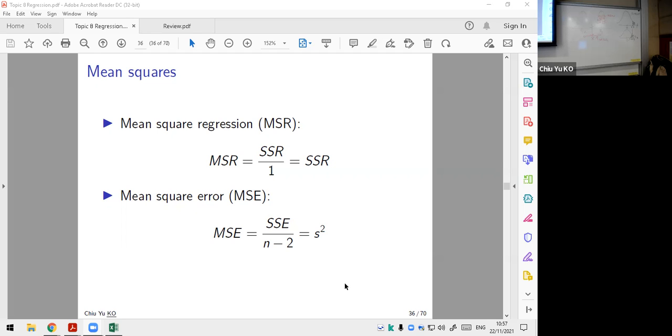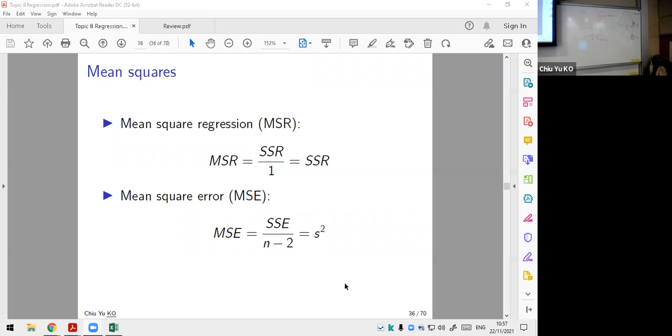Let me repeat the argument again because I think this is important. You can calculate the variation of the SSR for each data point, right?